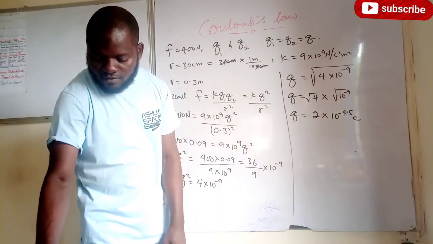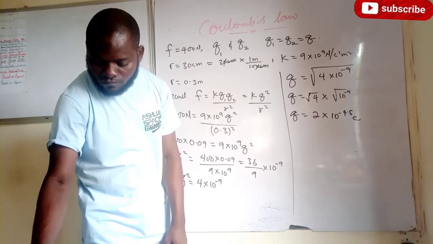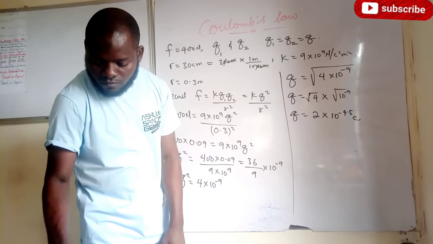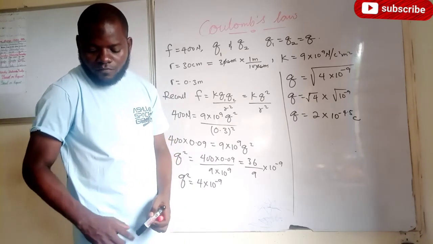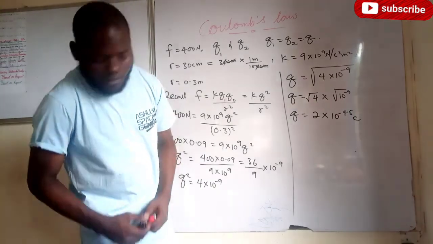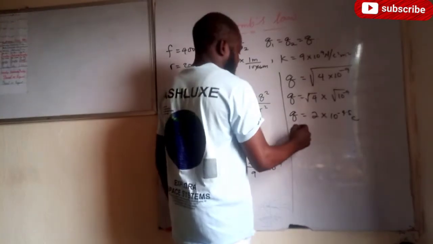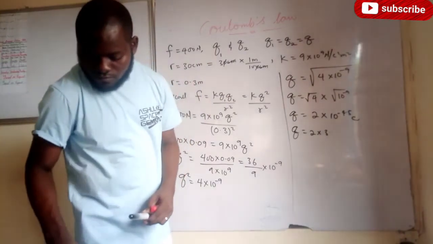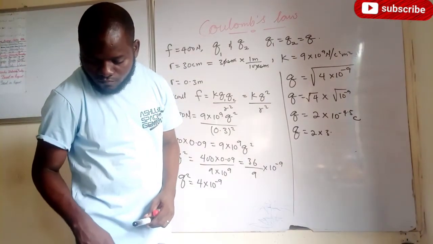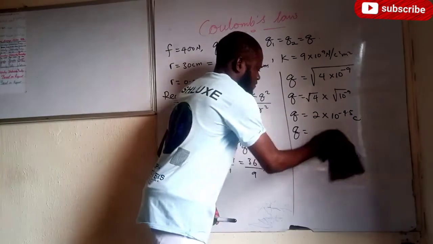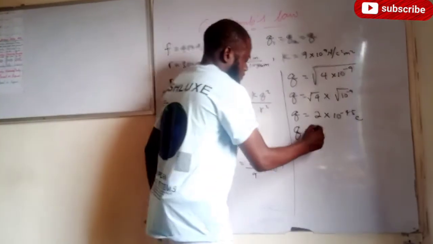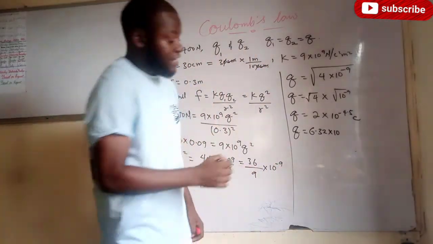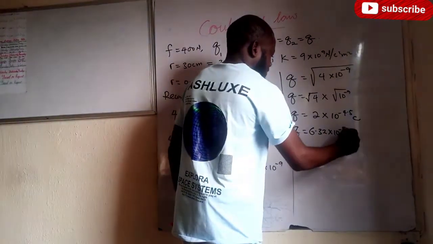So let's take a look at something. Okay, so I can express this as Q equals 2 multiplied by 10 to the power of minus 4.5, and this can give us 6.32 multiplied by 10 to the power of minus 5 Coulomb.